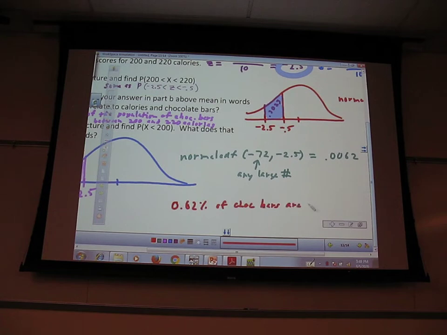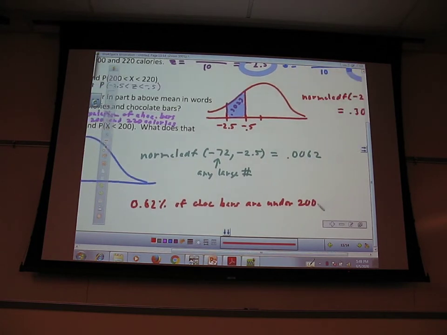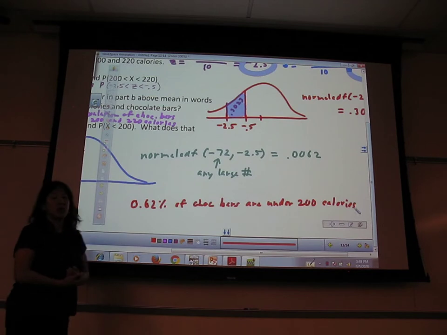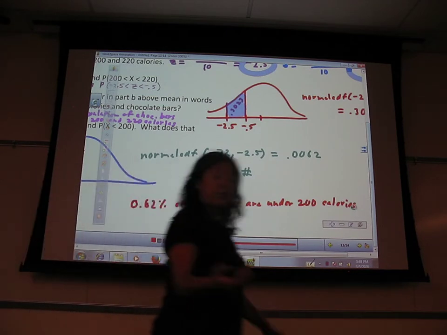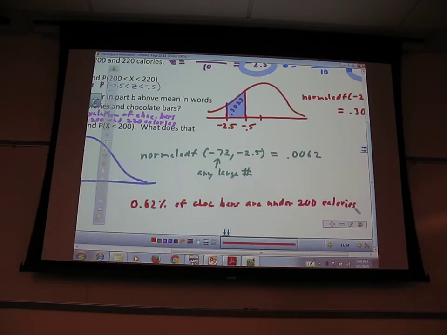Great. Good. The other one that you guys didn't touch on, you could have said also, is a randomly selected chocolate bar has a 0.62% chance of being under 200 calories. Those are basically two ways of looking at the same thing.